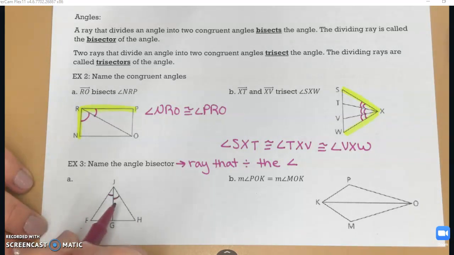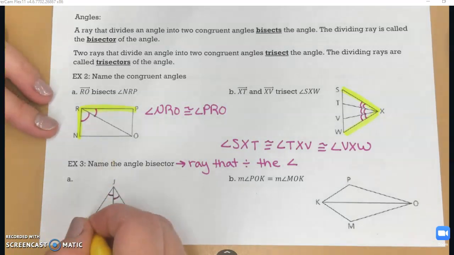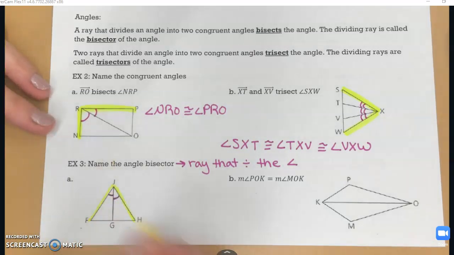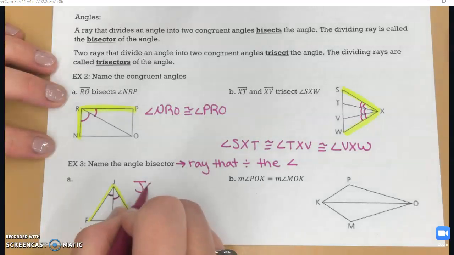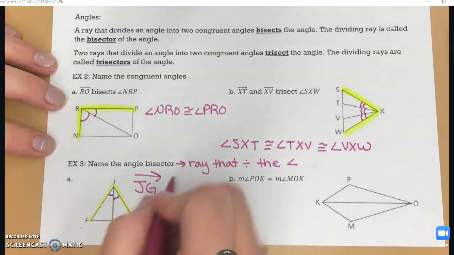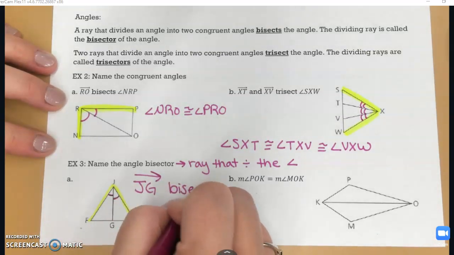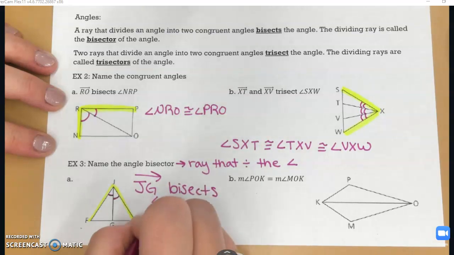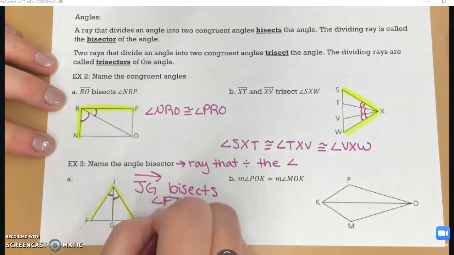So if those two angles are congruent and together they're making this larger angle, FJH, that means that FJH was split in half or bisected by this piece JG. So we always say that rays do the bisecting, so ray JG bisects angle FJH.